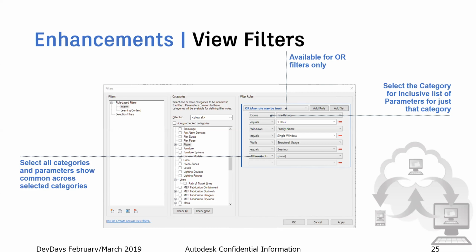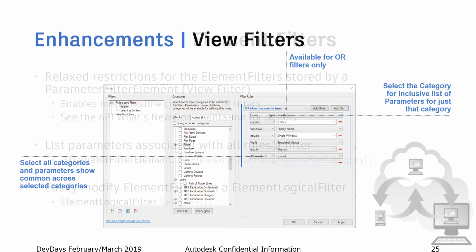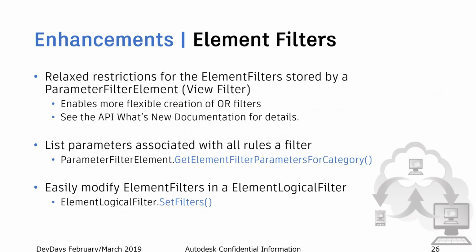So you can start to get really powerful and really creative with your OR filters. As a result of that, we've relaxed a lot of the restrictions on element filters that are stored in a parameter filter element, which is the API representation of a view filter.